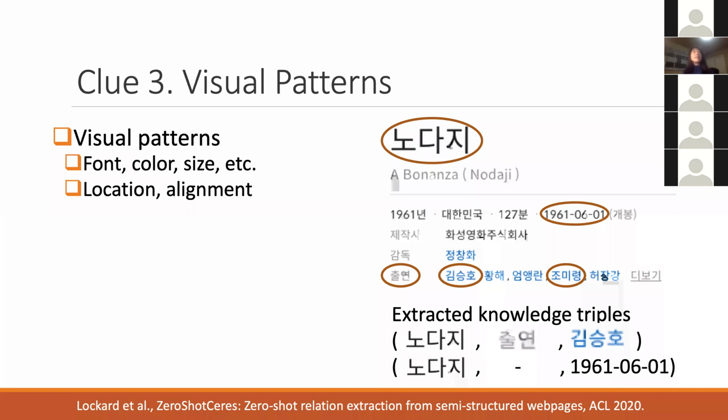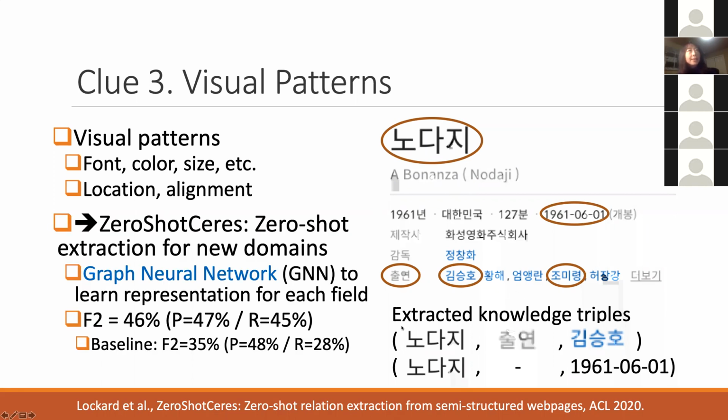And here, the clues are the visual patterns. We do not know exactly how we make this decision regarding the extraction, but that might come from the font, color, and size of those texts, and also the location and the alignment.